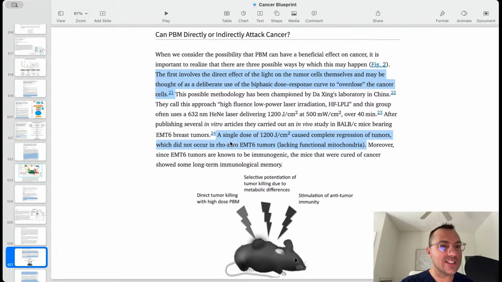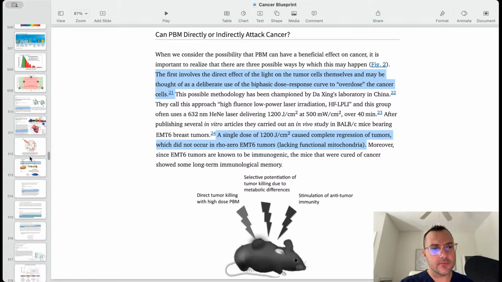And it was saying that a single dose, 1,200 joules per centimeter squared, caused complete regression of tumors, which did not occur in tumors lacking functional mitochondria. So what does that essentially mean?